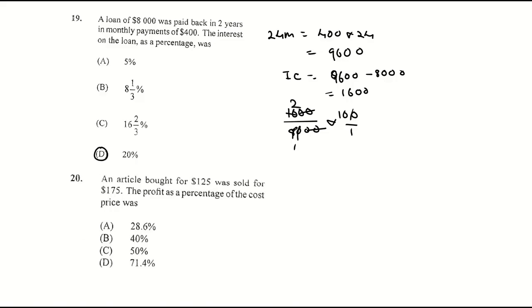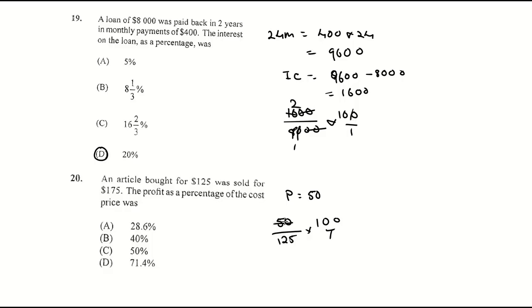Alright, an article bought for 125 was sold for 175. They want to know the profit as a percentage of the cost price. The profit would be 50. The cost price was 125, multiplied by 100 over 1.